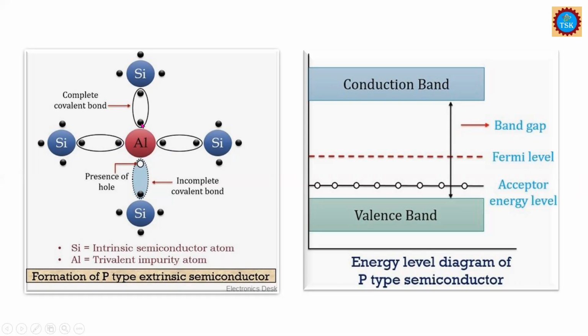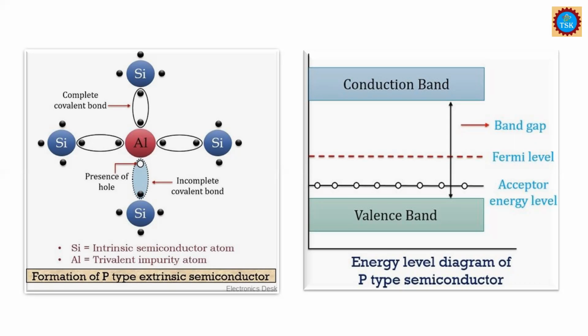These three unpaired electrons form covalent bonds with neighboring silicon atoms, so we observe three covalent bonds. On the other side we have a vacancy, a deficiency of electrons at one position. That vacancy is called a hole.